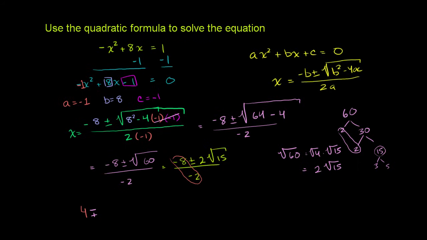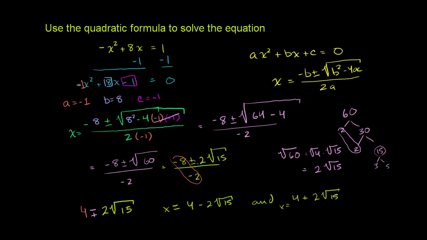Minus or plus 2 times the square root of 15. Or another way to view it is that the two solutions here are 4 minus 2 roots of 15 and 4 plus 2 roots of 15. These are both values of x that'll satisfy this equation.